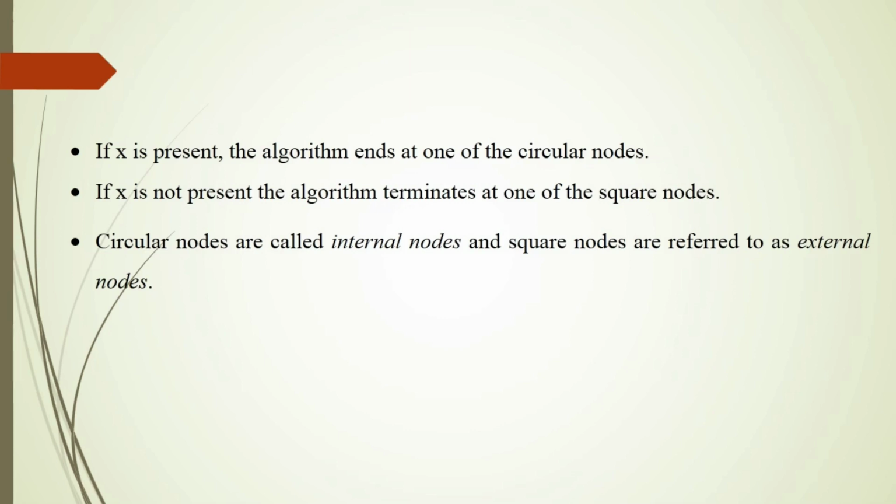That indicates the position where the key element X was found in the case of a successful search. And suppose X is not present, that means it was an unsuccessful search and the algorithm will terminate at one of the square nodes. Here we are going to use two terms. Circular nodes are called internal nodes and square nodes are referred to as external nodes.